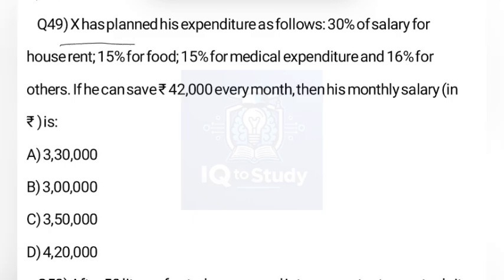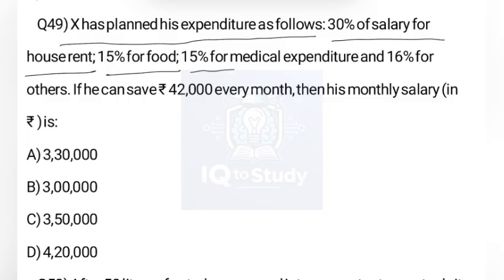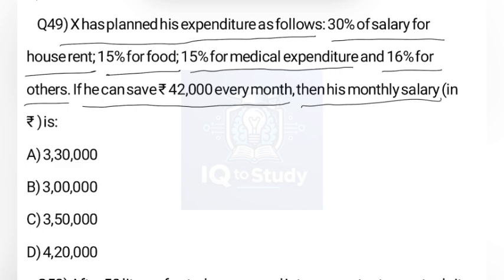X has planned his expenditure as follows: 30% of salary for house rent, 15% for food, 15% for medical expenditure, and 16% for others. If he can save 42,000 every month, then his monthly salary is.